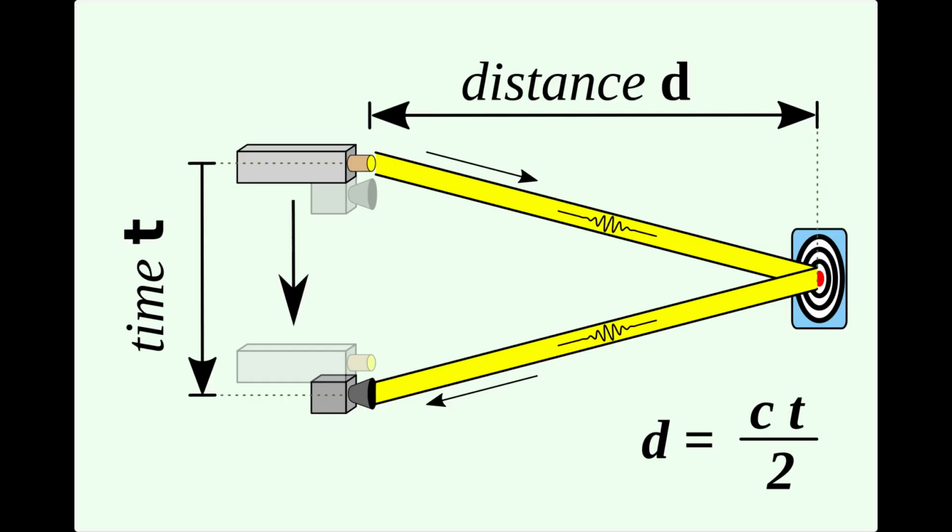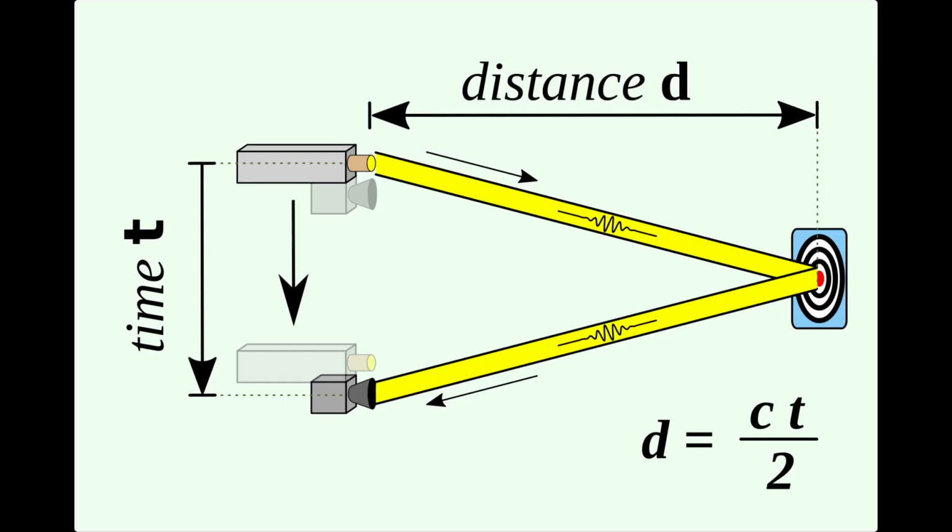It essentially means multiplying the speed of light, which is constant, that's the speed of light in a vacuum, and in the air it's pretty much the same, a very small difference, by the time it took for the laser beam impulse to fly toward the target and back, and dividing by 2.